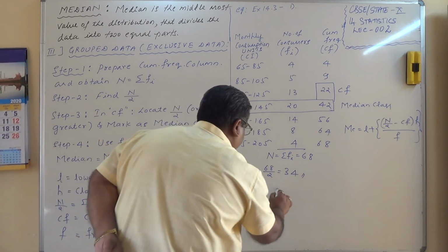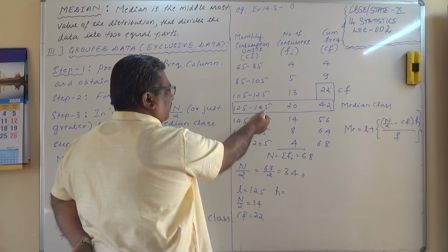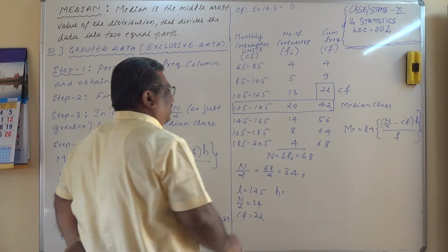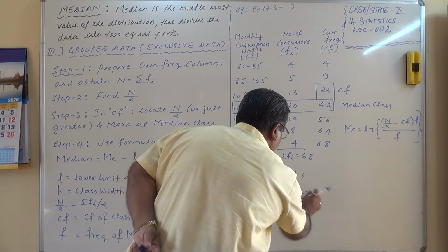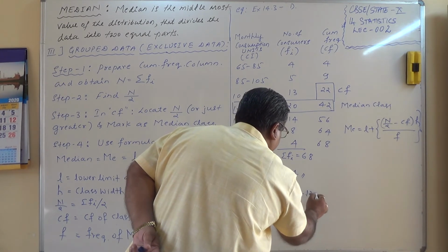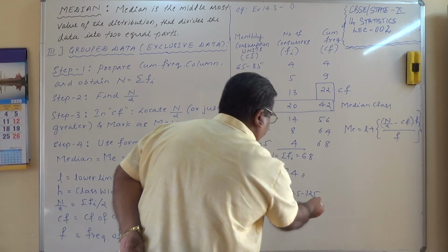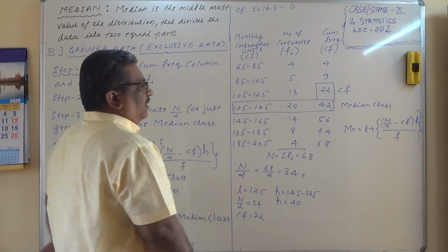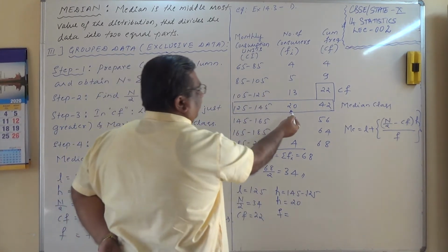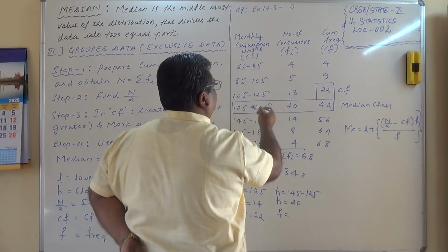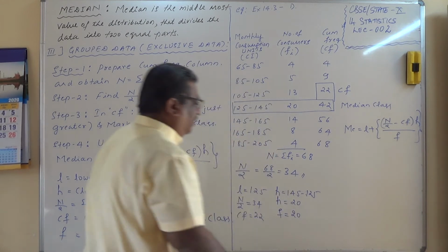Then I want H. H is the class width of the median class, 145 minus 125, which is 20. Therefore H is equal to 20. What else is required? F, the frequency of the median class. So 20 is the frequency of the median class.